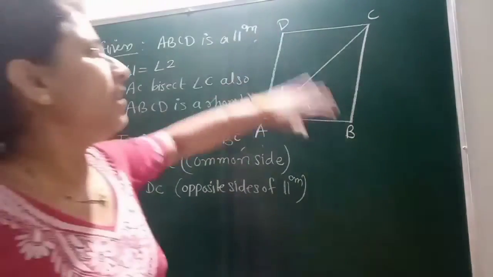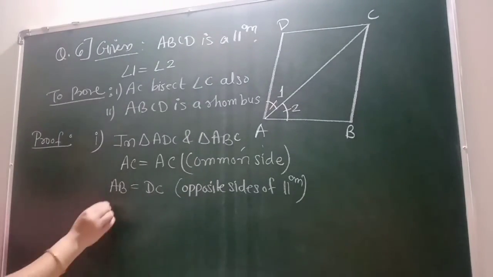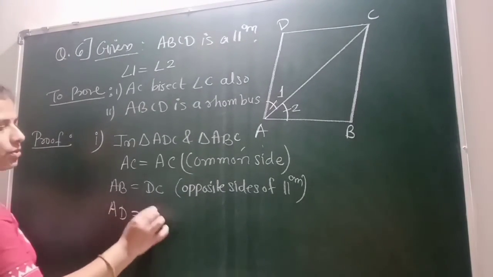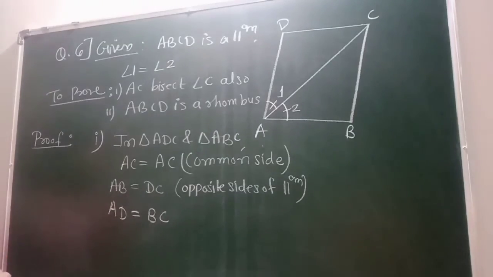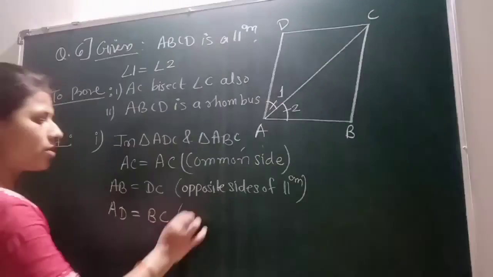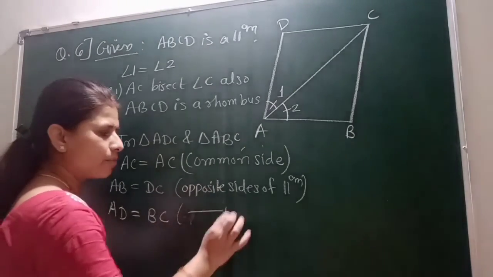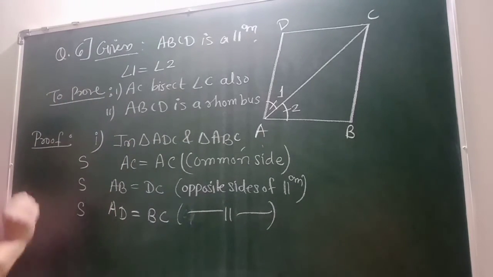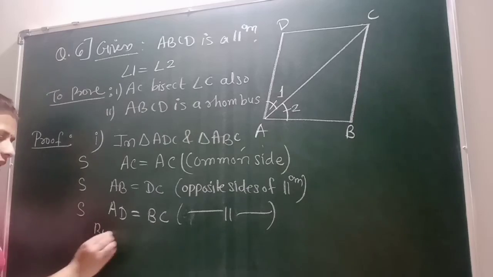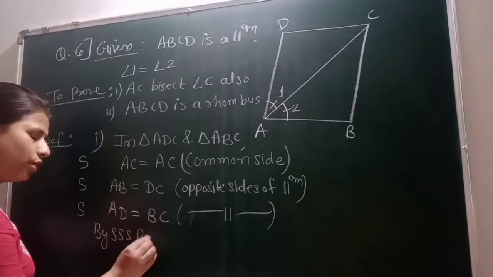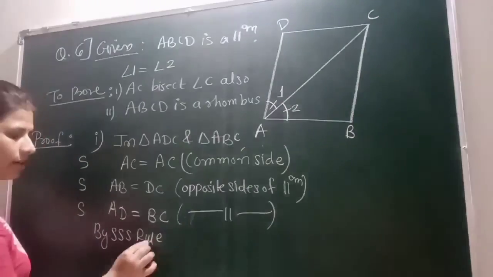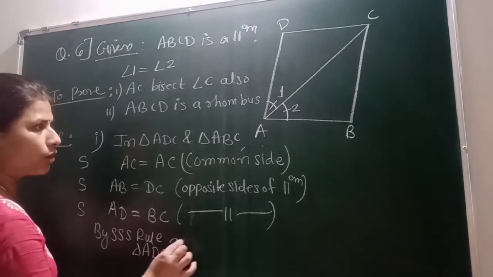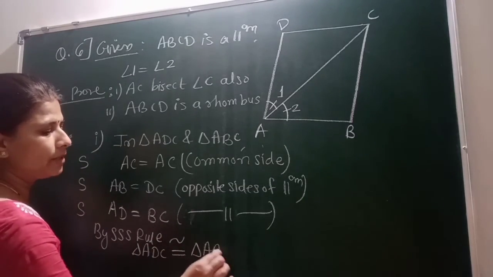Similarly, this AD will equal BC. Why? Because for these also, the same reason, we will write opposite sides of a parallelogram. So by which property will both the triangles be congruent? By the SSS rule. This triangle ADC will be congruent to triangle ABC.